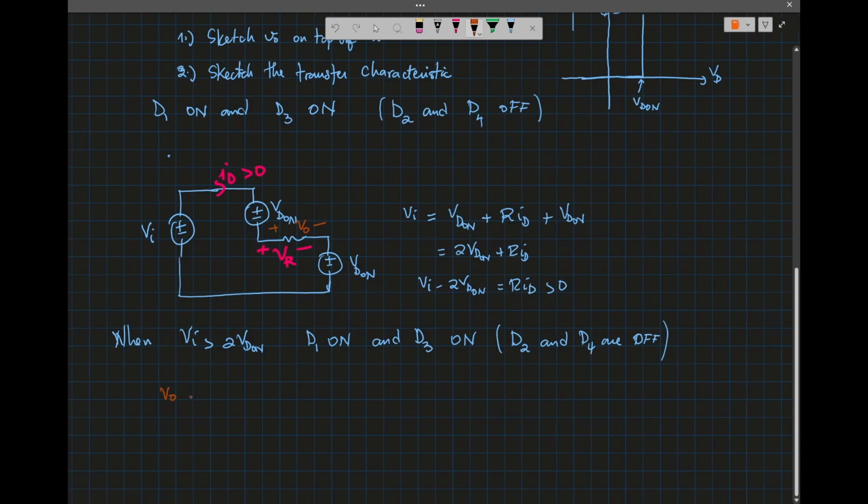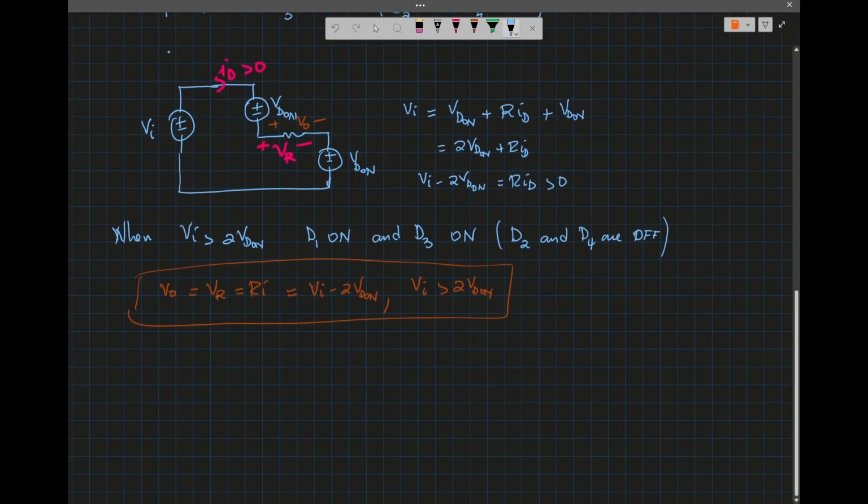So V0 will be VR, just R ID, which will be equal to Vi minus 2 VD on, when Vi is bigger than 2 VD on. So that's the condition.